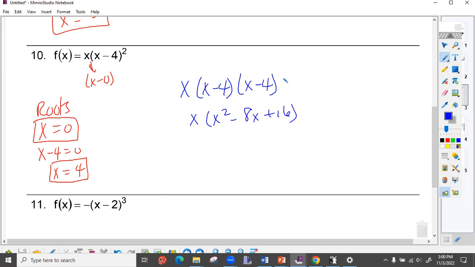So all I did was the FOIL algorithm. And now I'm going to distribute. After I distribute, I have my function f of x equals x to the third minus 8x squared plus 16x would be my expanded polynomial. And this is a third degree polynomial.